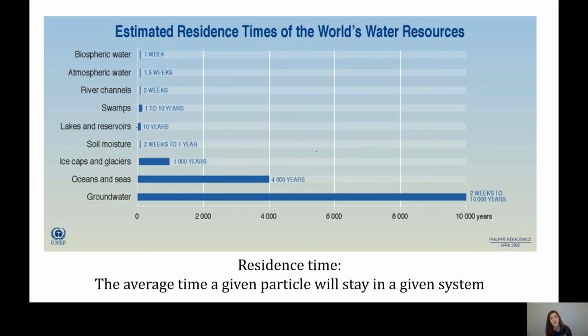It is likely to stay there for a long time. Now, notice it says 2 weeks to 10,000 years. It could flow down into a lake or something. It could undergo that process of groundwater flow, but it also could just stay down there for a really long time. So residence times give us a way to measure how fast water moves around the hydrologic cycle.